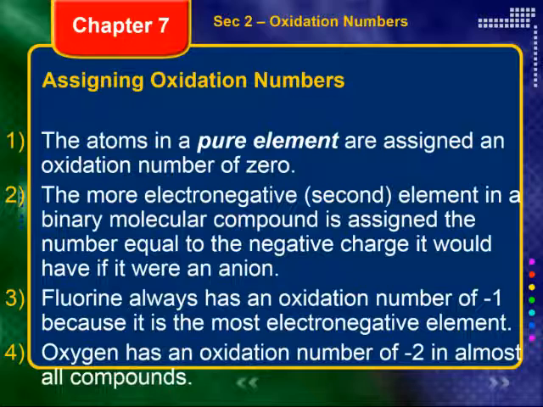In a peroxide, which we'll talk about in class, oxygen has an oxidation number of -1. When bonded with fluorine, however, it's going to have an oxidation number of +2. Those are some special situations, but oxygen in almost all compounds, except for the ones I just listed, has an oxidation number of -2.